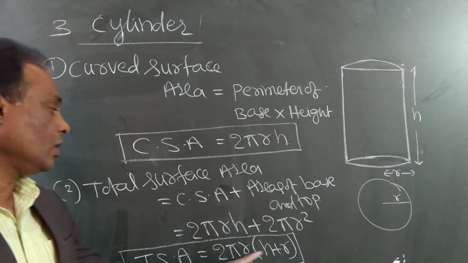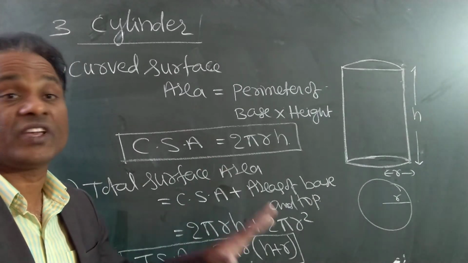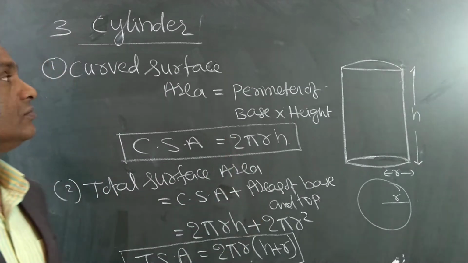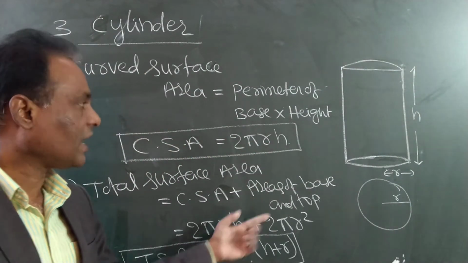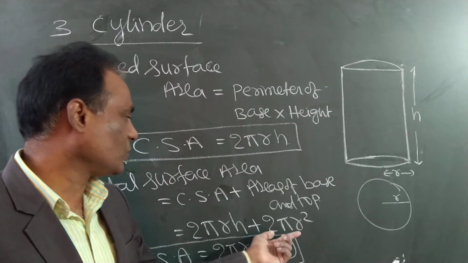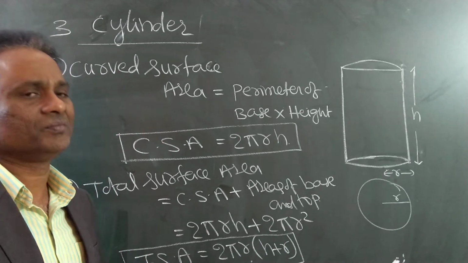This is the formula for the total surface area of the cylinder. Curved surface area 2 pi r h plus pi r square plus pi r square, 2 pi r square, that becomes total surface area. This and this are both the same.